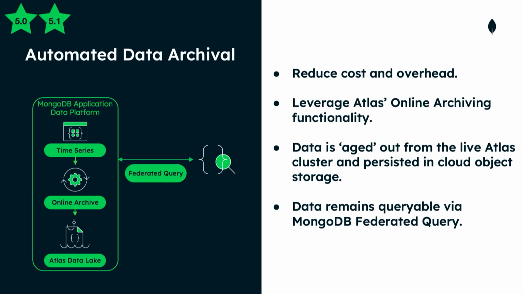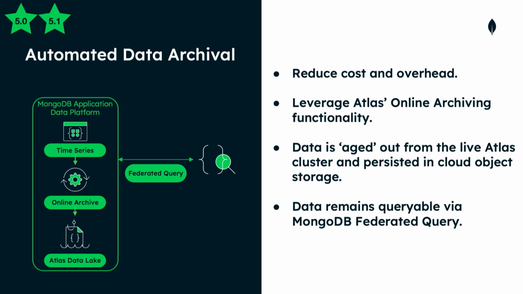This was already announced on stage, so it's the data archival. It's automated for time series collections now, so if you use Atlas, it will work exactly as you expect. You set the online archiving, you set how much time you want this to archive, let's say 7 days.